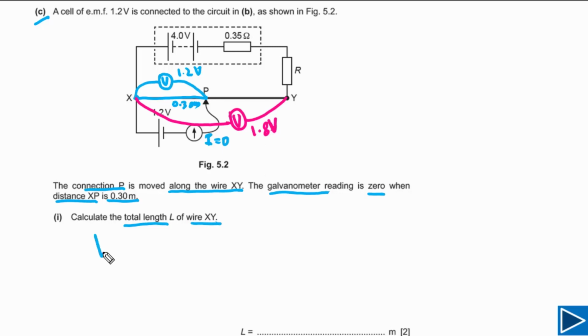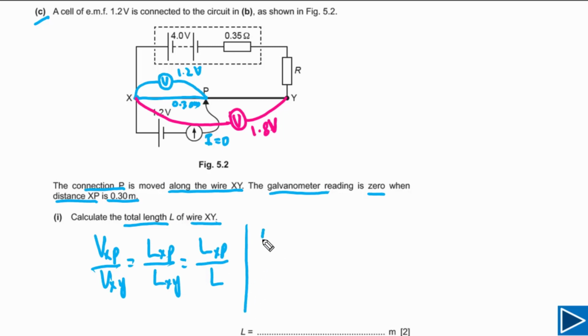In order to answer this question, you need to understand that the ratio between Vxp and Vxy is equal to the ratio between Lxp and Lxy. For this question, it is given to us that Lxy is equal to L. Now we need to find the value of L. So simply we can say L will be equal to Vxy multiplied by Lxp divided by Vxp.